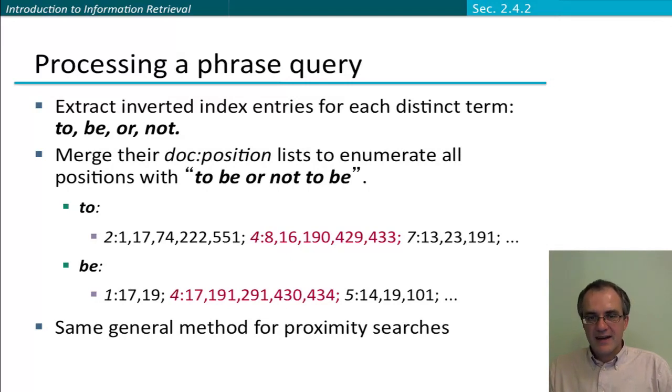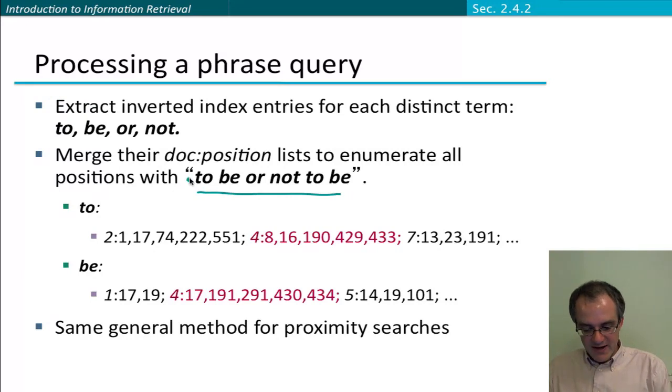So going through that in slightly more detail, to process a phrase query, let's assume our phrase is "to be or not to be" that we want to find in inverted commas. We get the postings lists of each of the individual terms, and then we're going to progressively intersect them.